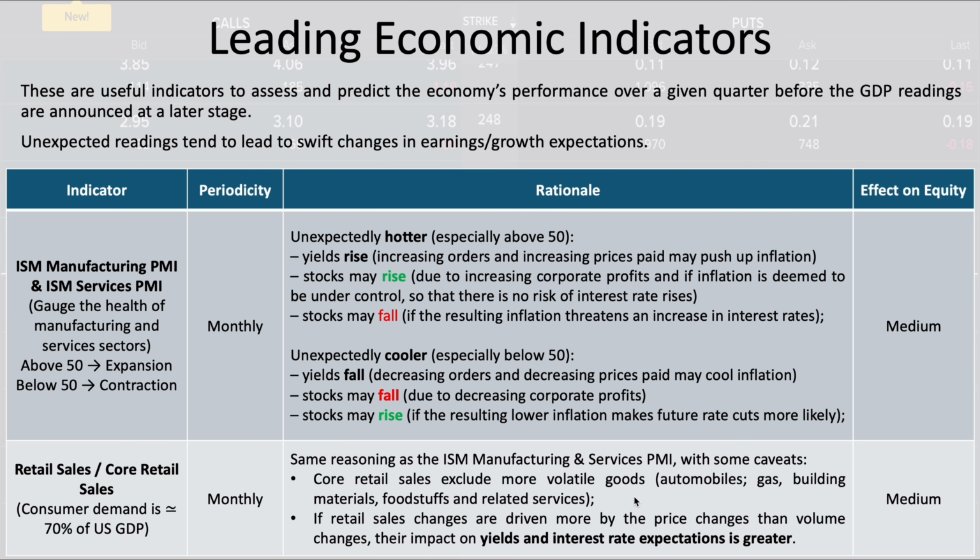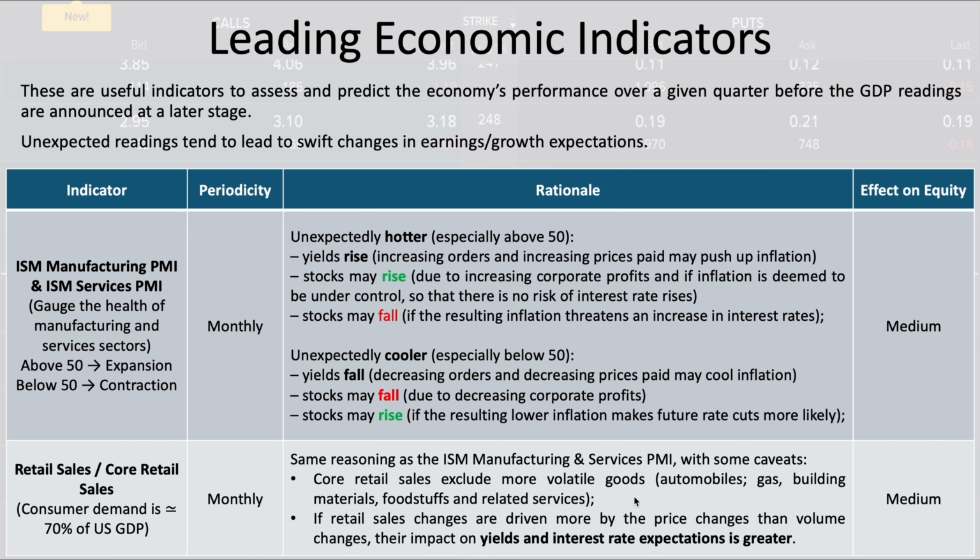But of course, if the expansion is already happening in a context in which inflation is right on the edge of being above the target, that means that inflation is more likely to happen in the future, and so an increase in interest rates is more likely, and that's why the stocks may fall.